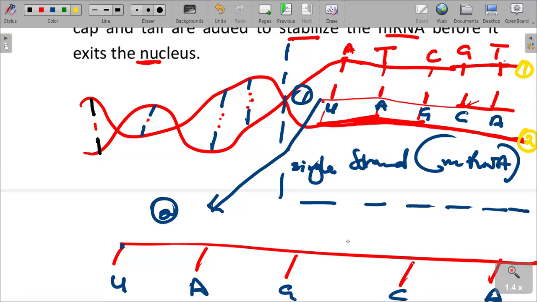The DNA structure has its 2 original strands. In this case, strand 1 was used as a template to form strand 3, which I can label here.